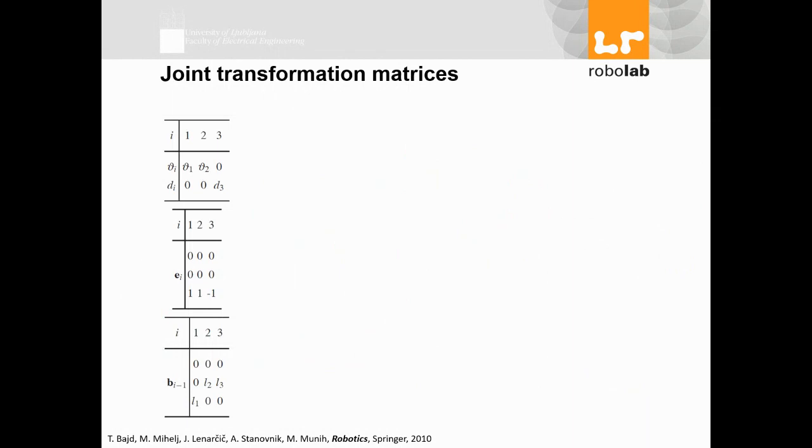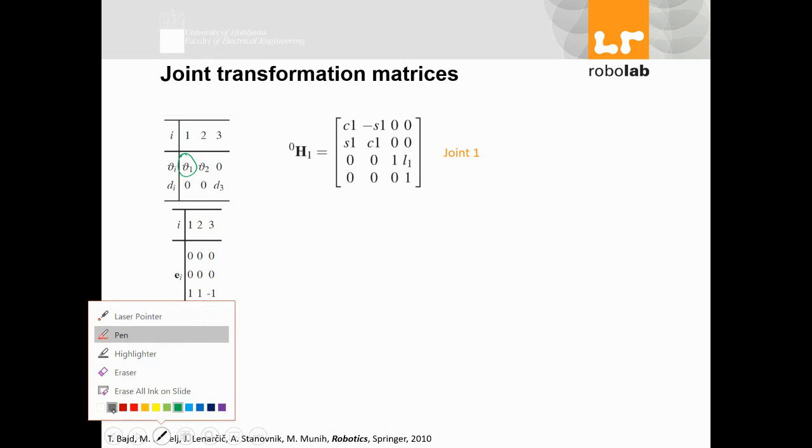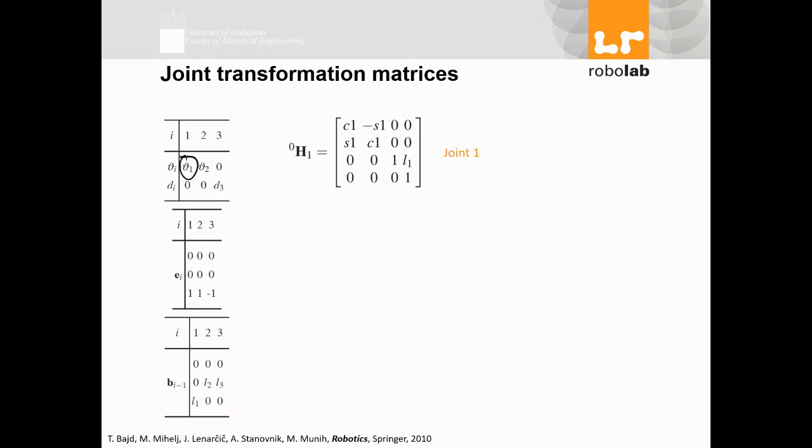Based on that, from 0 to 1, I have rotation around the Z axis. So what I have is rotation around Z with theta 1, and also a displacement, or translational movement, of L1 in Z direction. So that's why I have Z here.